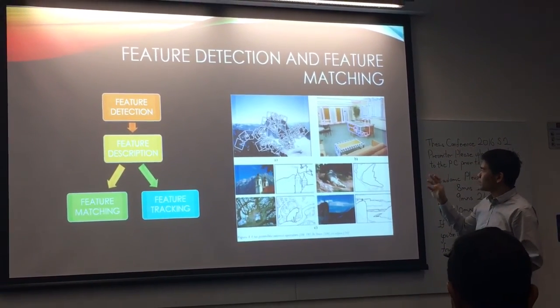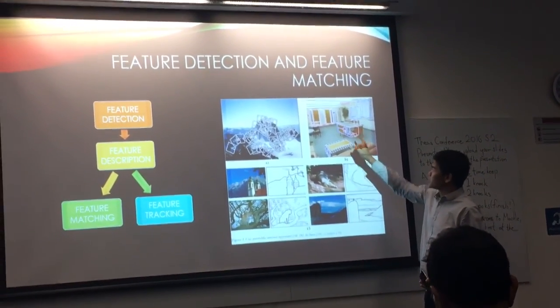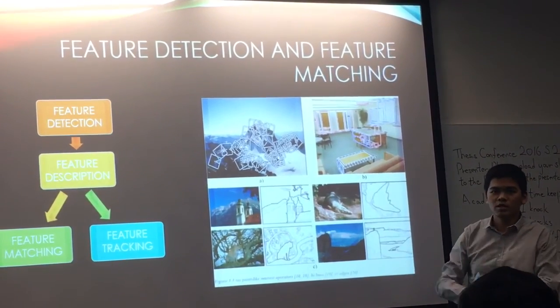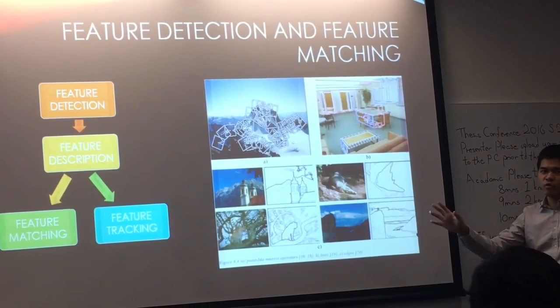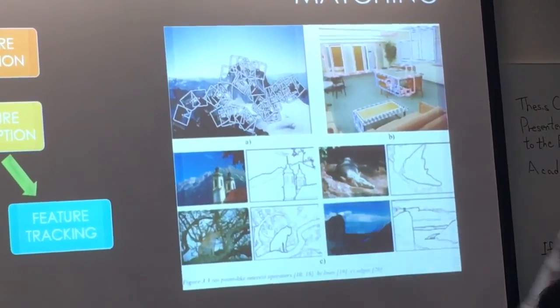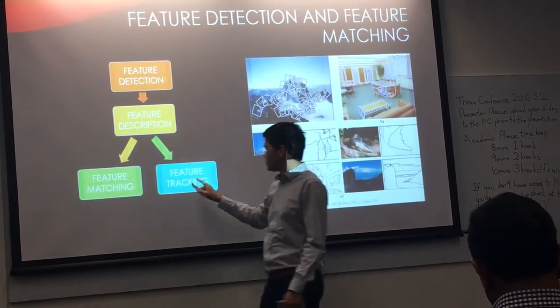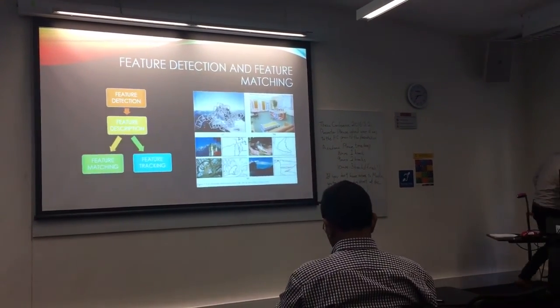Basically, there are three main techniques of feature detection. This one is line detection, so if you have a lot of lines in the photos, it detects the lines. And this one is edge detection, so it detects the edges of the photos. I will talk about matching features and feature tracking later on. It's so important as well.